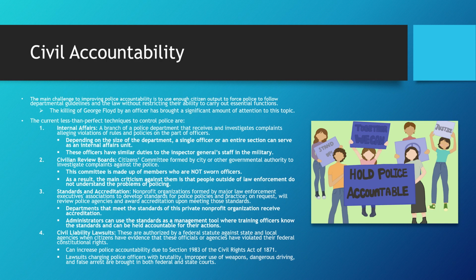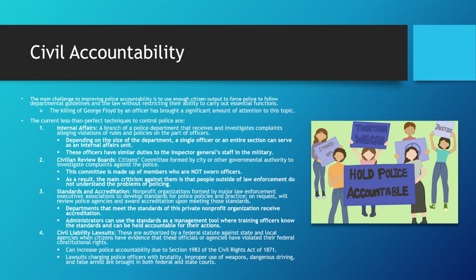These are authorized by a federal statute against state and local agencies when citizens have evidence that these officials or agencies have violated their federal constitutional rights. They can increase police accountability due to Section 1983 of the Civil Rights Act of 1871, which indicates that individual officers and local agencies can be sued when a person's civil rights are violated by an agency's customs and usages.